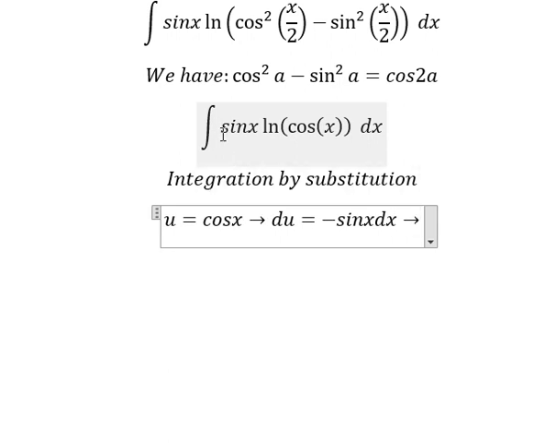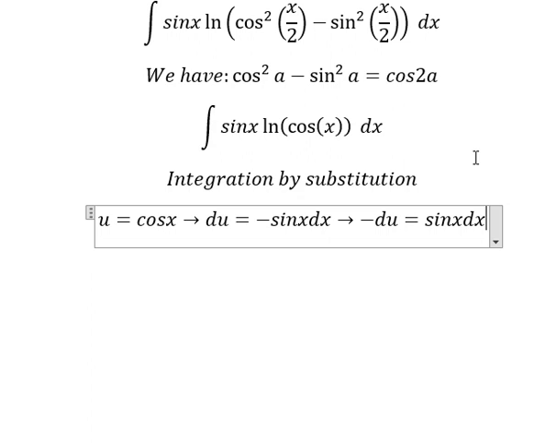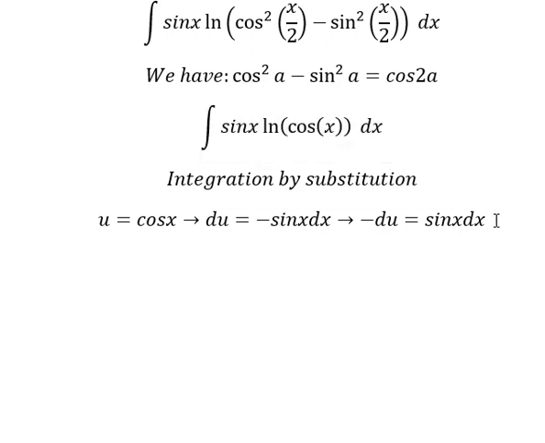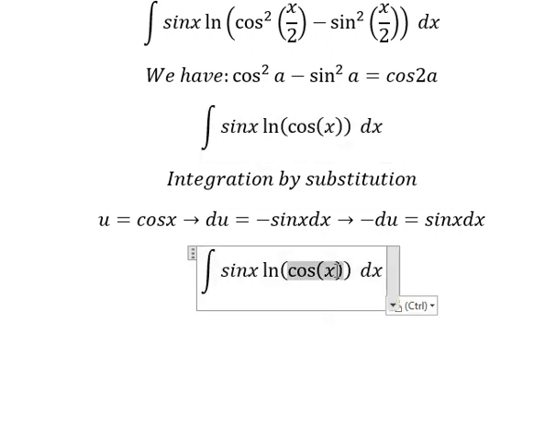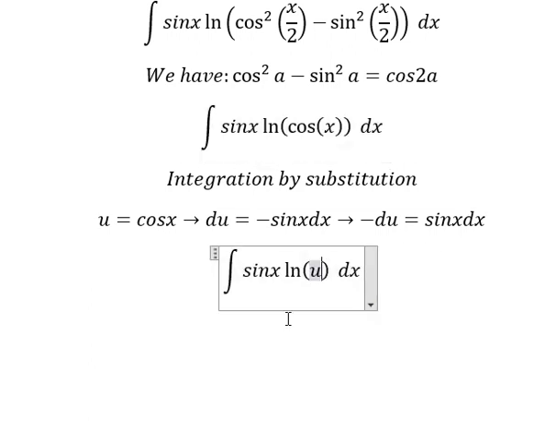Because we don't have the negative sign in here, I will move this one to the left. This one we change for u, and sine s ds we change for negative du.